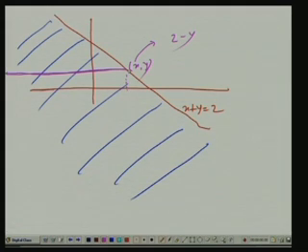I write it like this, always writing x as z minus y and then y, then it will be clear that I am looking at the points x comma y on this line. Because on this line, for a given y, if the x is z minus y, then that point is lying on this line.